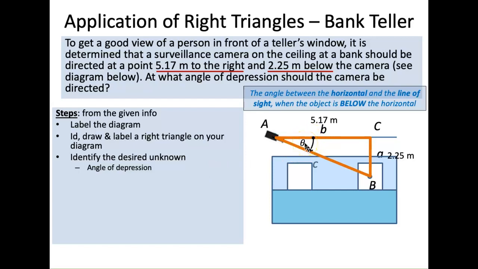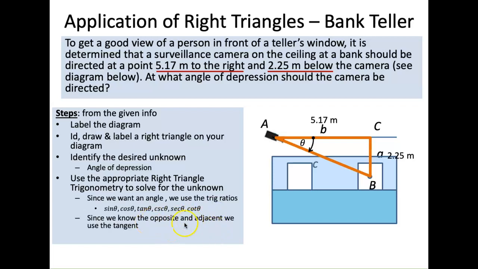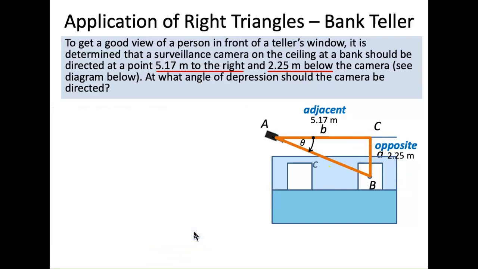Now that angle has two sides given here to work with, the opposite side and the adjacent side. So we ask ourselves, what trig ratio uses opposite and adjacent? Since opposite and adjacent use the tangent function, that's the one we're going to use to solve this problem.